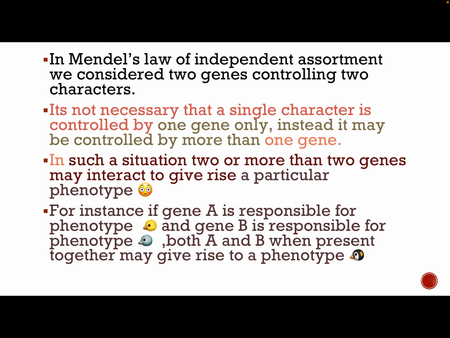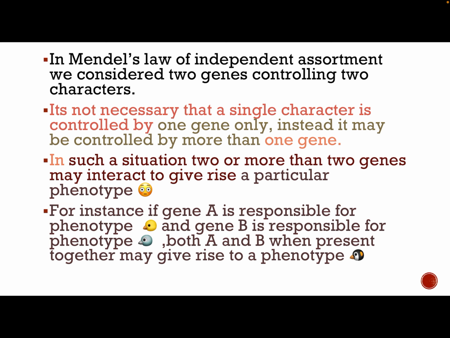So the interaction of alleles in Mendel's law is at the gene level, but here we are not going to study interaction of alleles. We are going to understand interaction of genes. When two or more genes control one character, and by the interaction of those genes we get many characters for one thing, it is called interaction of genes.